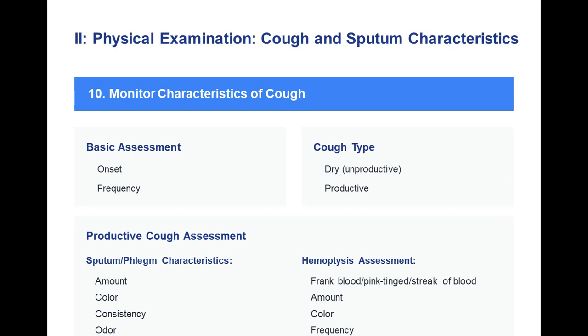A change in any of these, particularly to a green color or foul odor, suggests worsening infection. For hemoptysis, we must note the type, whether it is frank blood or a streak, the amount and the frequency as well. This ongoing documentation is essential for evaluating the effectiveness of expectorants, antibiotics, and airway clearance techniques.